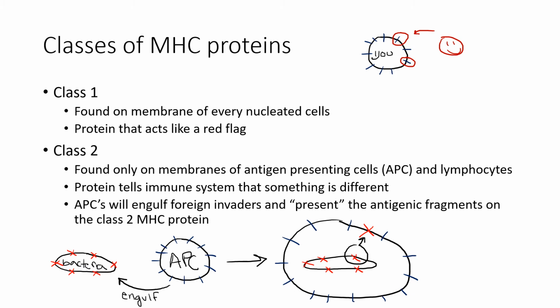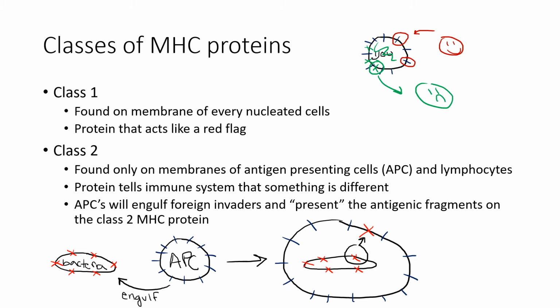If this cell is infected, it's going to have antigens on it that are not good and not yours, and that is not a good thing. So this means that that is bad. We don't want that. It's going to make the wrong protein if it is infected with something, and that is going to tell the other cells that, hey, you're not supposed to be here, not good, no bueno.